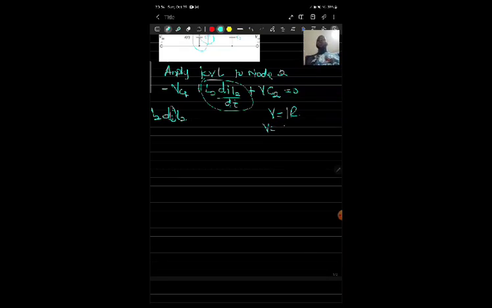So the voltage going across an inductor will be IL. So that is why we have this I here. I'm just trying to let you understand the basics.